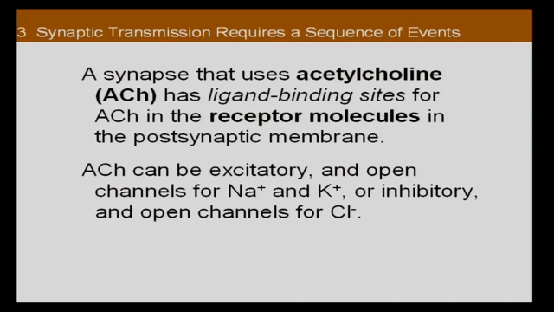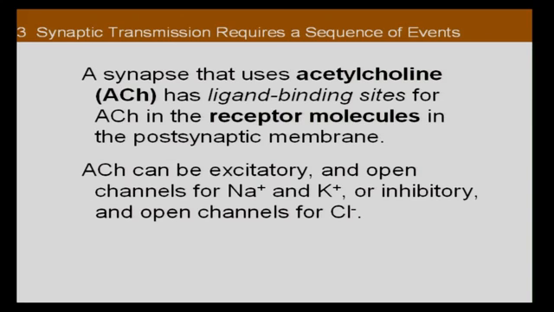Now the trick here is that there are different kinds of acetylcholine receptors. Some acetylcholine receptors can be excitatory. Excitatory acetylcholine receptors open channels for sodium and potassium, causing a depolarization. Other acetylcholine receptors can be inhibitory and open channels for chloride. Okay?